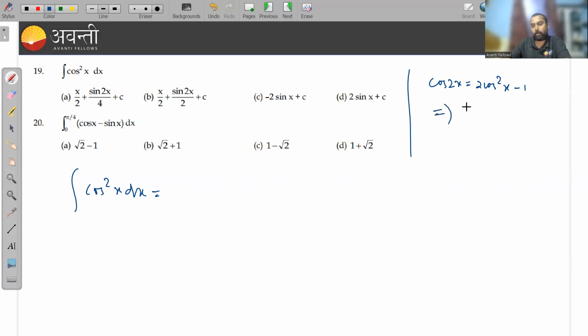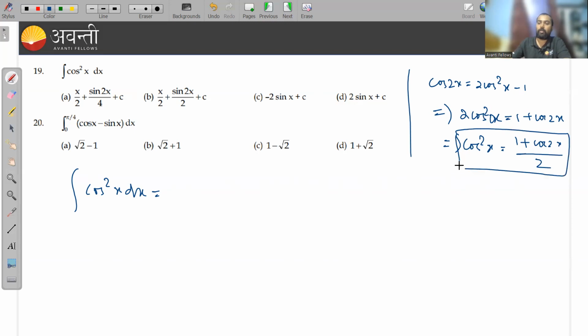So from here we can derive 2 cos square x is 1 plus cos 2x. Yes or no? So cos square x we are getting here as 1 plus cos 2x divided by 2. So by using this formula we can break the power.